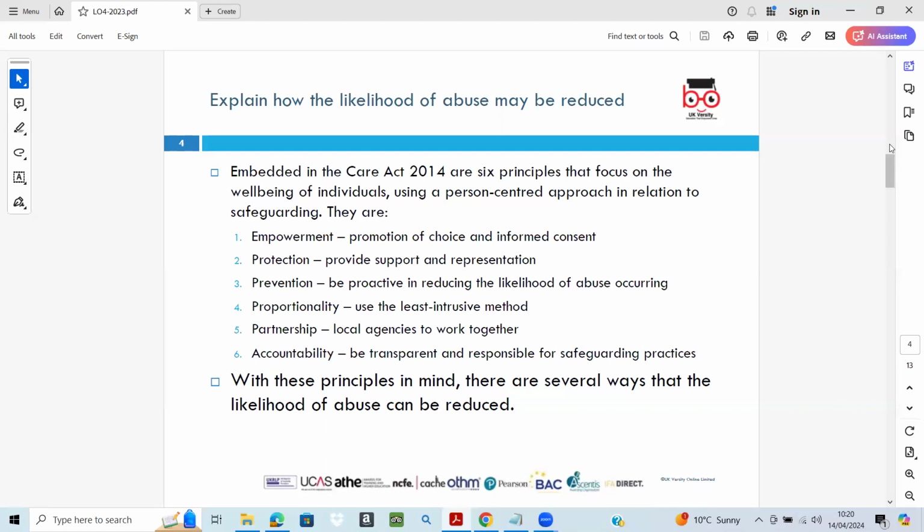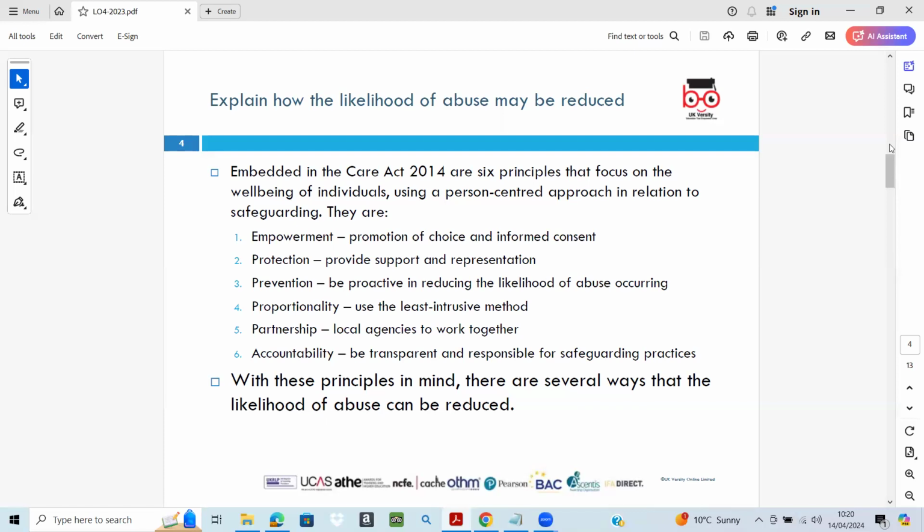And with these principles in mind, there are several ways that the likelihood of abuse can be reduced. We have discussed the six principles of the Care Act in our previous lectures in detail, but we will go through them again.